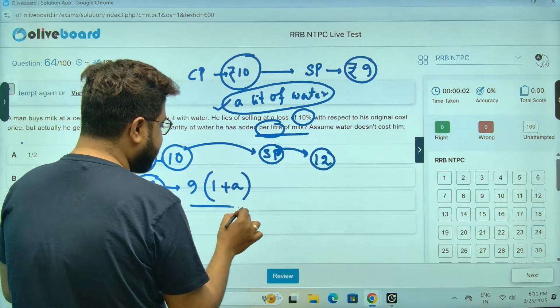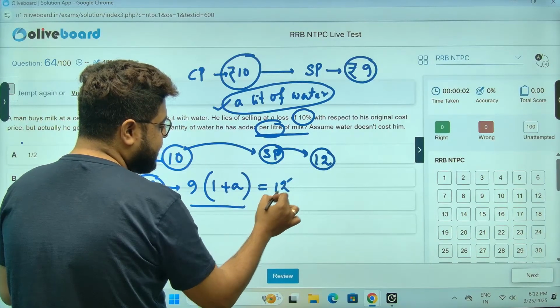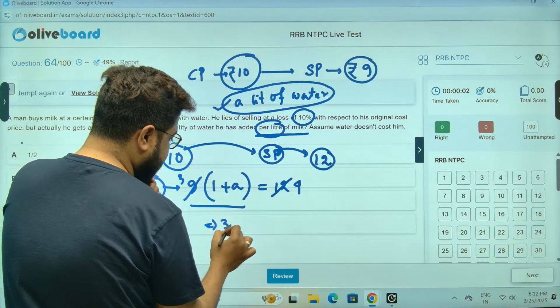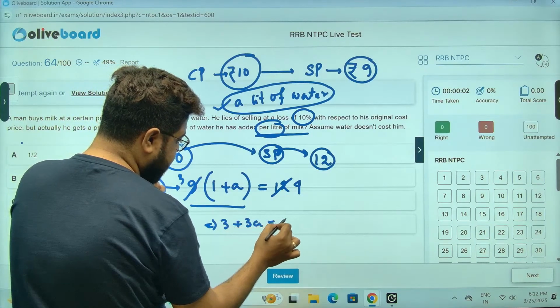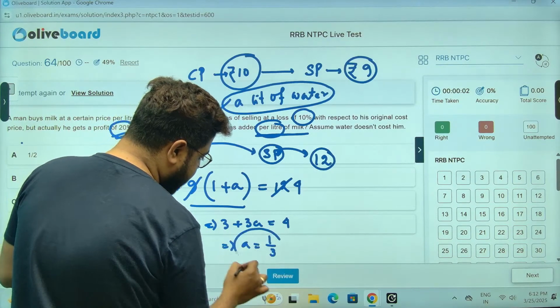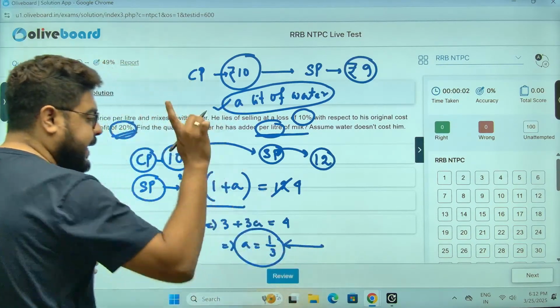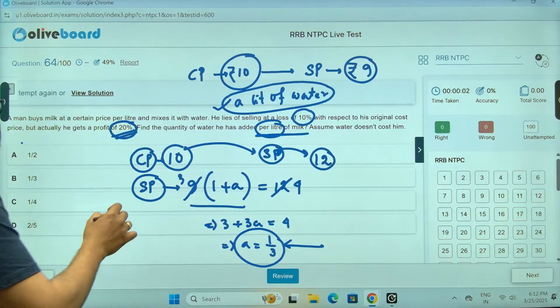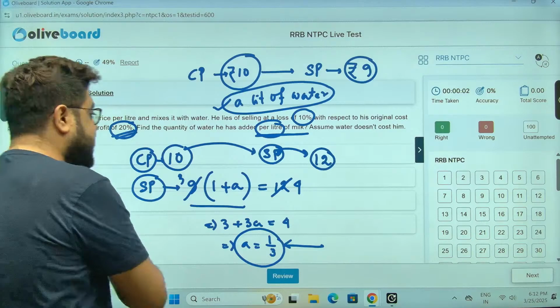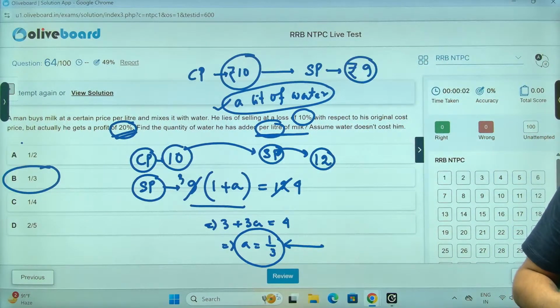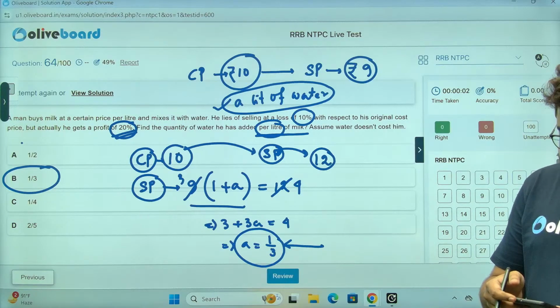That means 9 times (1 plus a) is equal to 12. 3 plus 3a is equal to 4. a is 1 by 3. Meaning every liter of milk he adds 1/3 liter of water. B is most definitely your correct answer, sir.